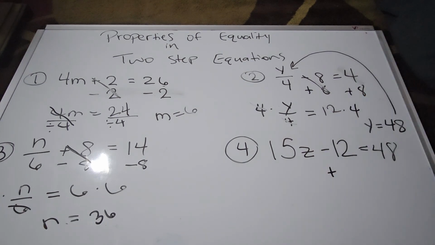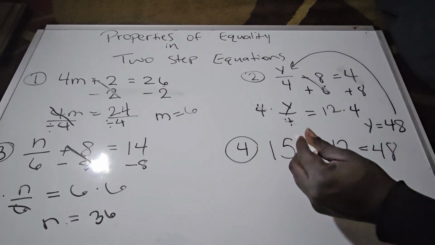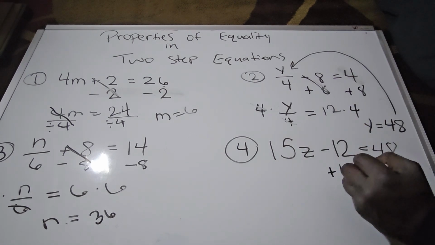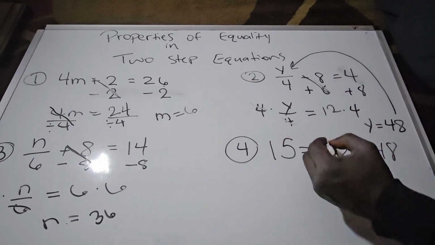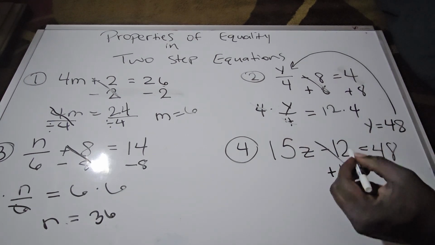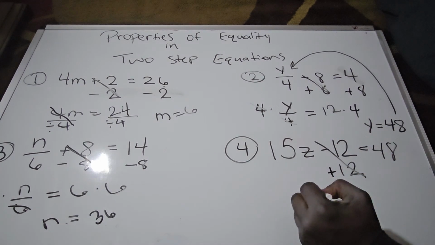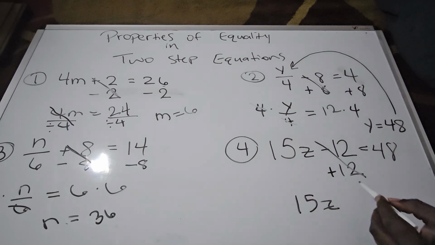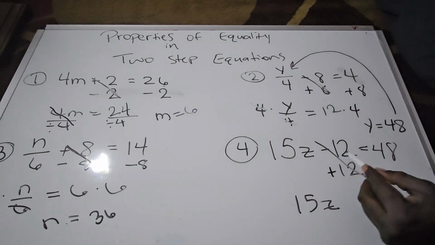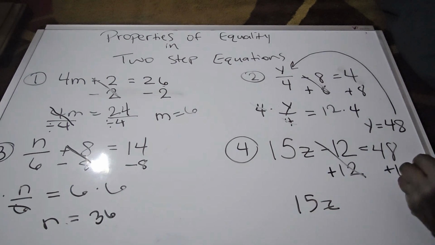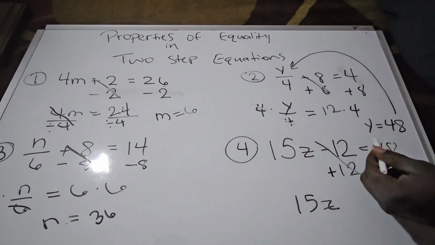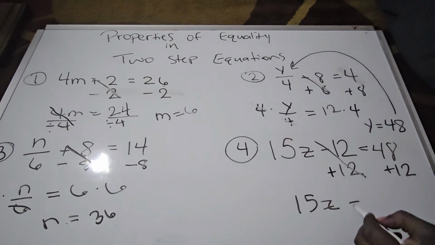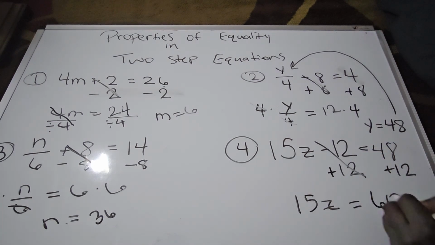You have to do the opposite operation to get this by itself. So we add 12. On this side, those cancel out. Now you have 15z by itself. Now we just can't do plus 12 on this side. We have to do plus 12 on the other side as well. So 48 plus 12 is 60.